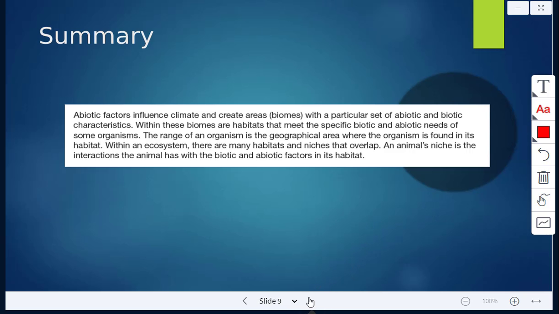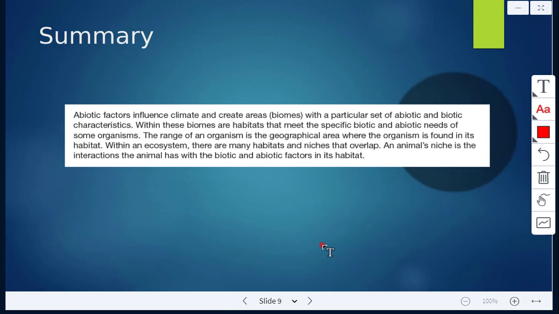All right, so in summary for what we've discussed, abiotic factors influence climate and create areas called biomes with a particular set of abiotic and biotic characteristics. Within these biomes, we have habitats that meet the specific biotic and abiotic needs of some organisms.